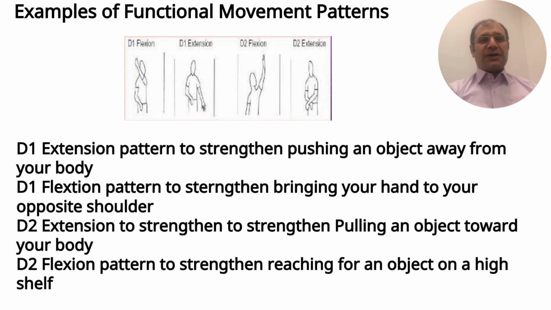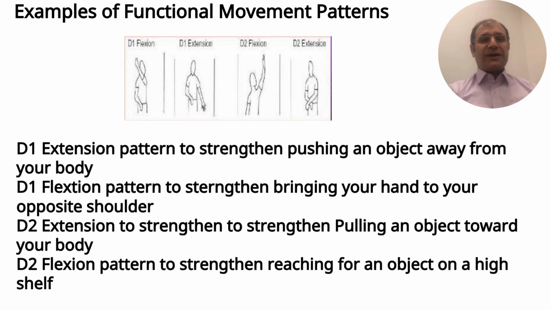To strengthen pushing an object away from the body, D1 extension pattern is used, which combines shoulder extension, abduction, and internal rotation with elbow extension. To strengthen bringing hand to the opposite shoulder, D1 flexion pattern is used, which combines shoulder flexion, adduction, and external rotation with elbow flexion.